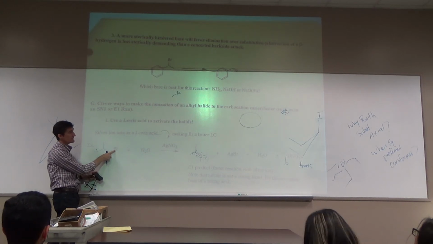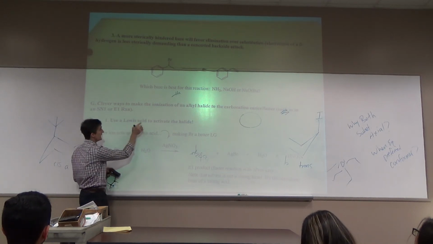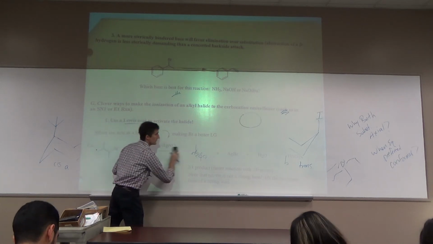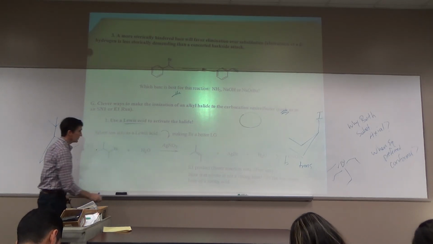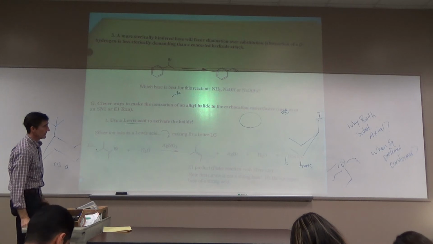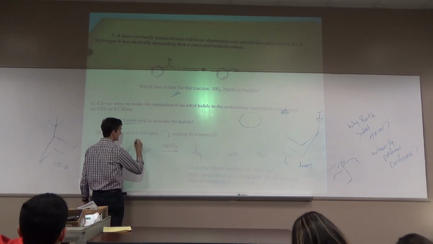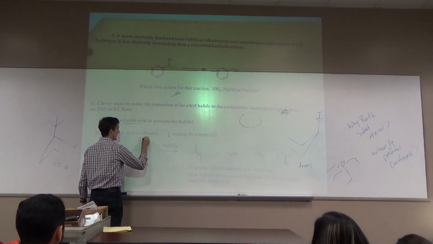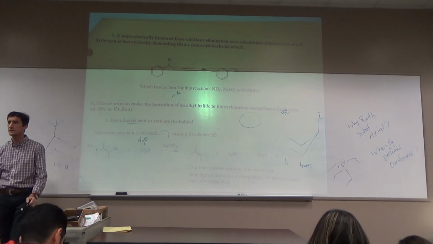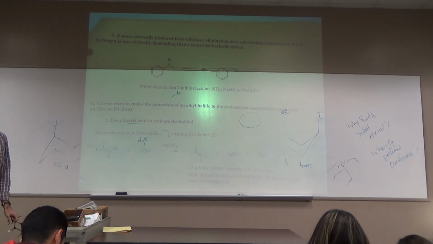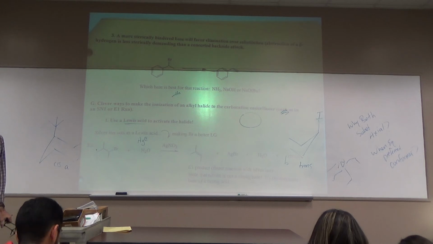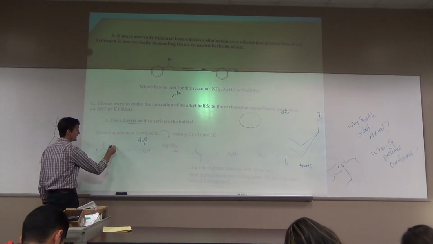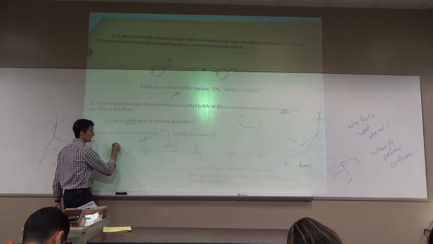A clever way to activate this is to use a Lewis acid, not a proton acid. A common Lewis acid is silver ion. By the way, what's the definition of a Lewis acid? A Lewis acid accepts a lone pair, right? Silver ion can accept a lone pair.